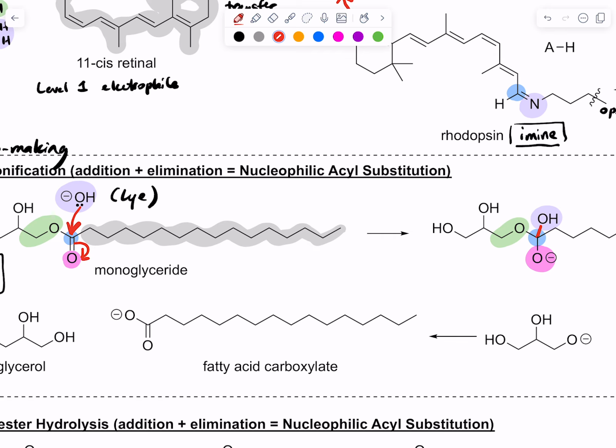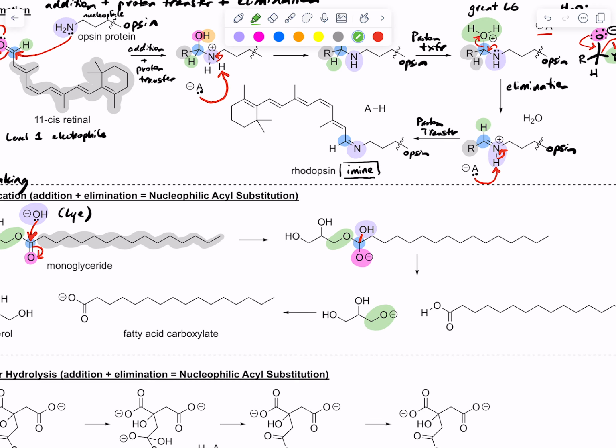Okay? Now, if we keep going, in the next step, what we see is the OR group has left. And what we're left with is our carbonyl oxygen, our carbonyl carbon, and then the OH group. So, what kind of reaction mechanism is this step right here?